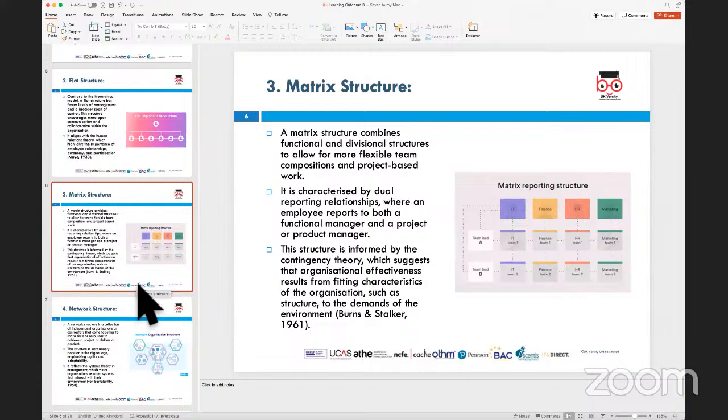An example here would be, if I'm based in the UK and I'm a product manager for Xbox, I might be working within a division in the UK, which will be a part of UK and Ireland or Western Europe. I might report administratively to a chief executive or vice president within this geographical area.